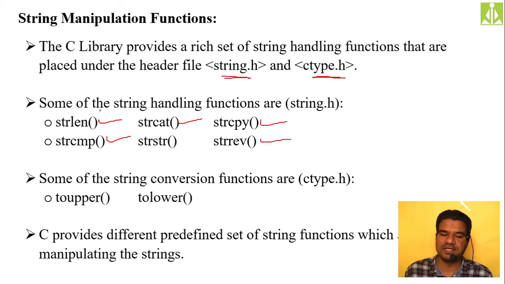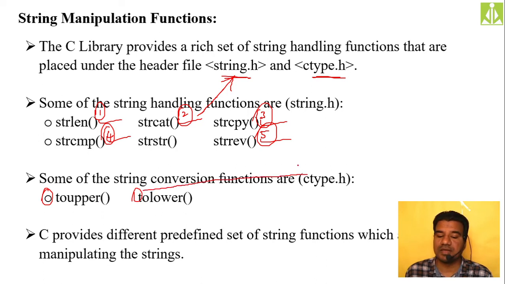Only these five we discuss: one, two, three, four, and the last one is string reverse, that is five. These five are available under the string.h header file. We have another three basically. The first two, upper and lower, are available inside ctype.h. There is another function, toASCII.